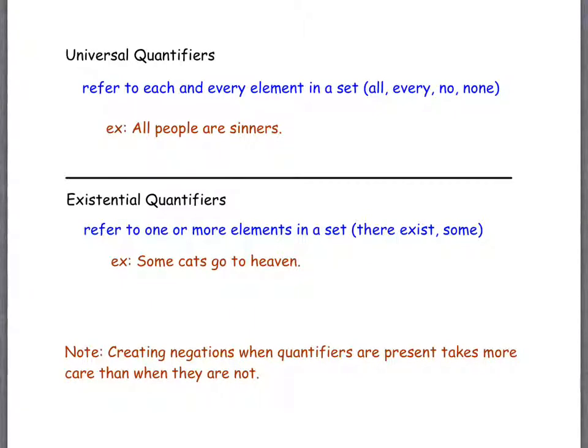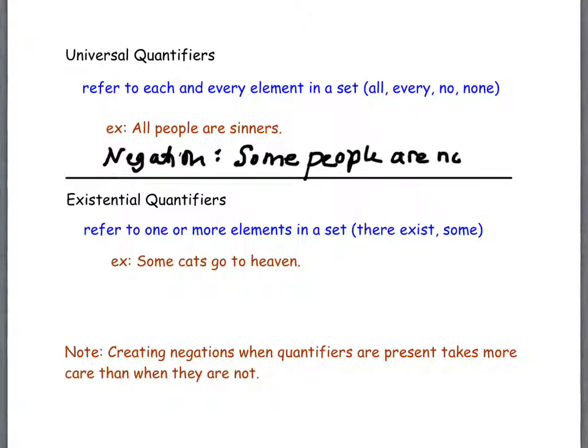So if we want the negation to all people are sinners, the negation is simply that there are some people, or you could say at least one, some people are not sinners.